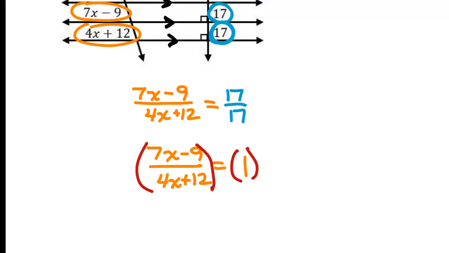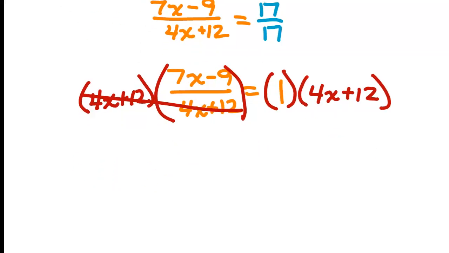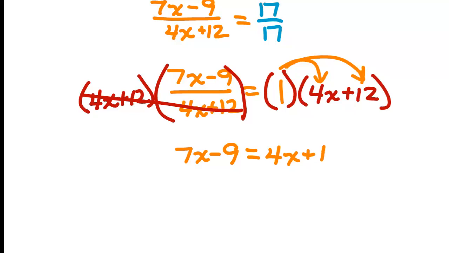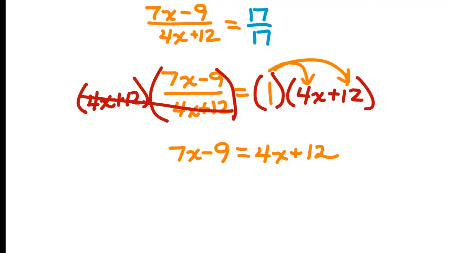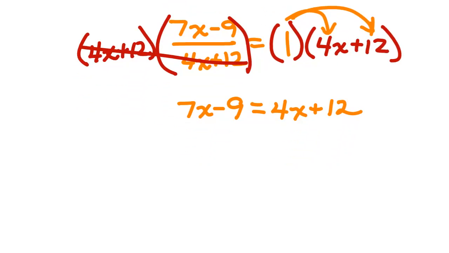To get rid of fractions, we multiply by the denominator. So 4x plus 12, we multiply on both sides. And that would give me 7x minus 9 equals, and I distribute, 4x plus 12. Get the x's together. So subtract 4x from both sides.